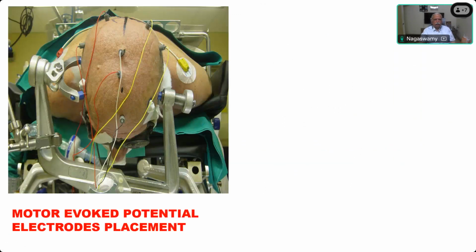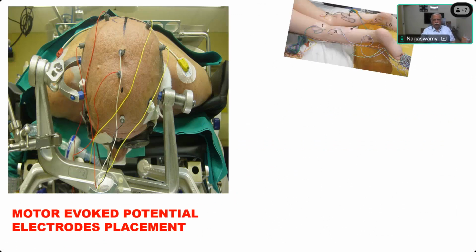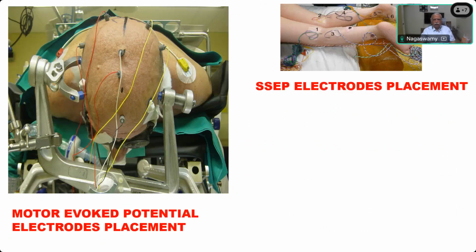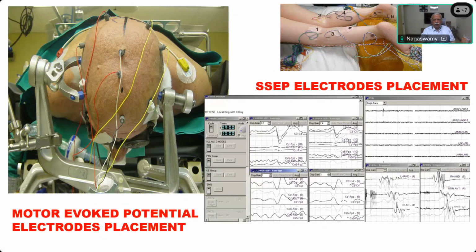And this is how the motor evoked potential electrodes are placed, for those who have not had an opportunity to use this during practice. These are the SSEP electrodes placed on the peripheral nerves, and this is how the tracings will be seen on the monitor. So this is the monitor display of SSEP and MEP.